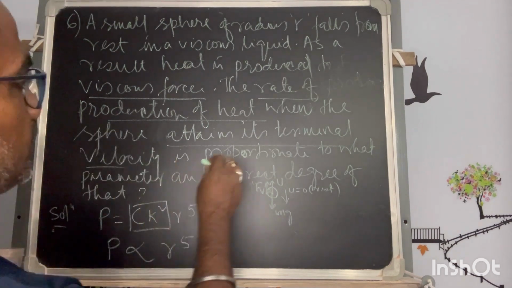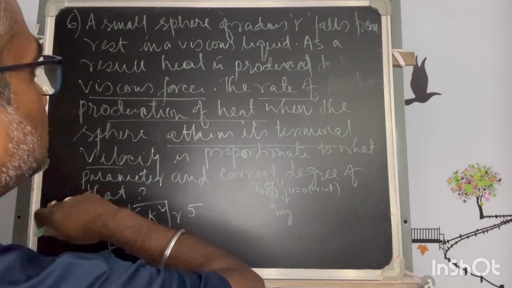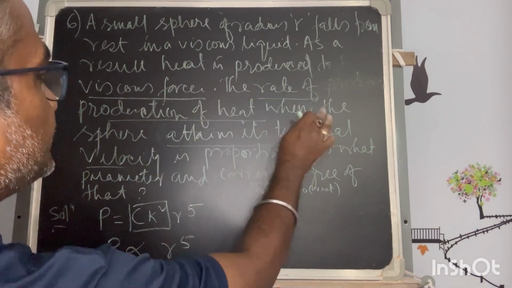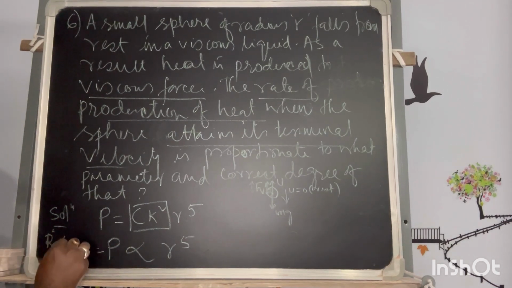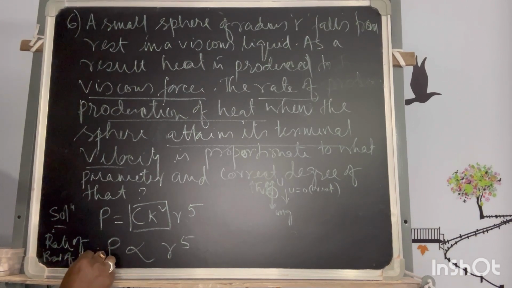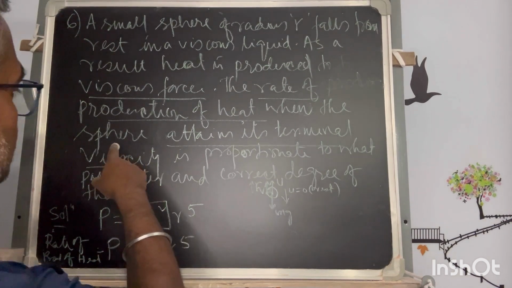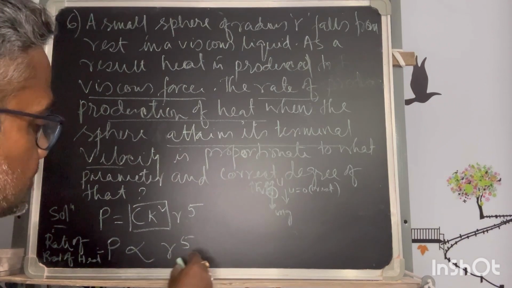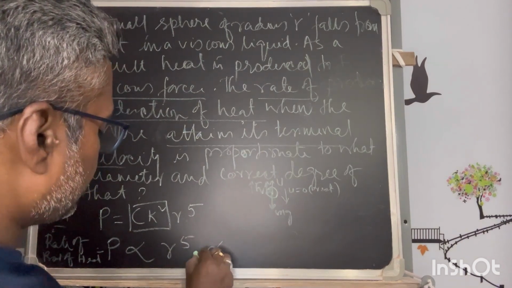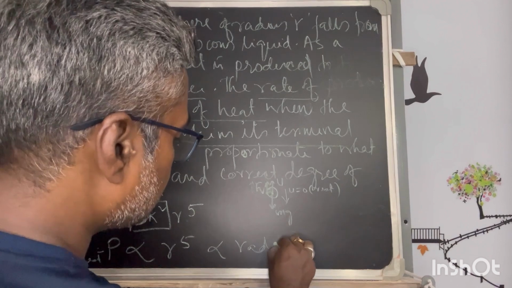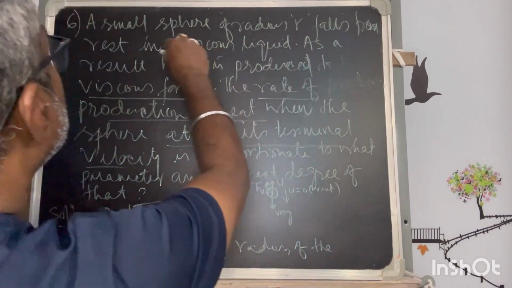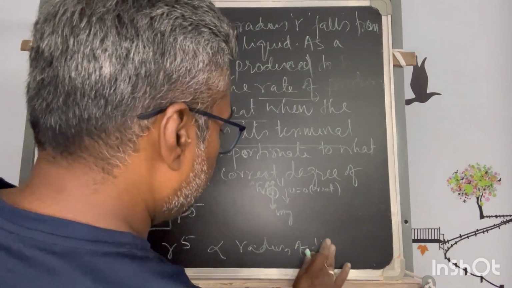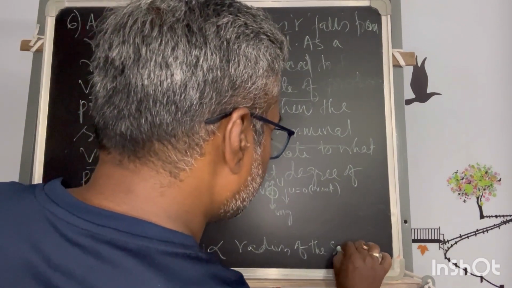So our answer will be: the rate of production of heat, that is the power, is proportional to the radius of the sphere.